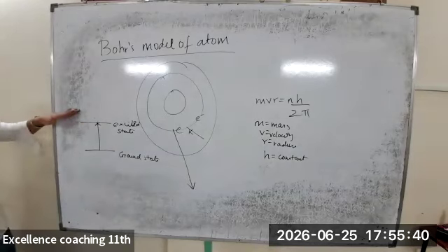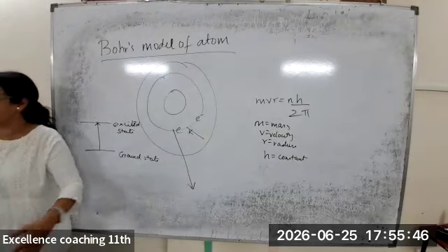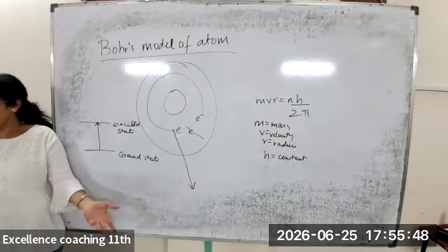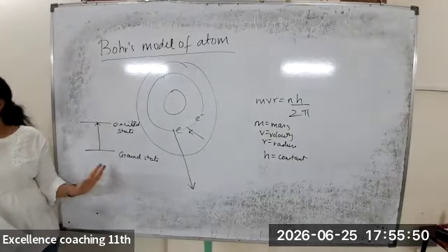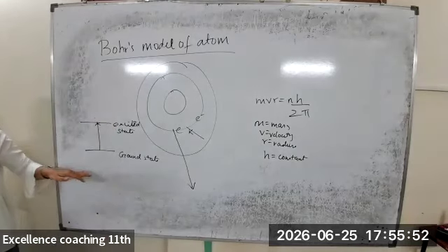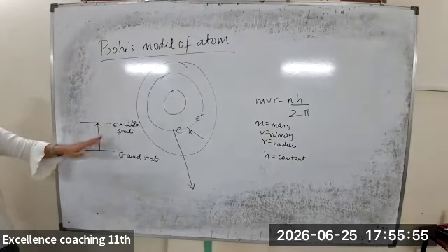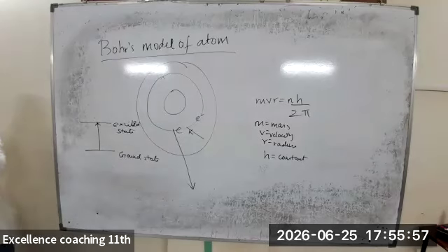It won't remain there for a longer time. It will tend to give out the energy which it has absorbed and come back to the ground state. If you consider both the ground and the excited state, the ground state is a very stable state, right?